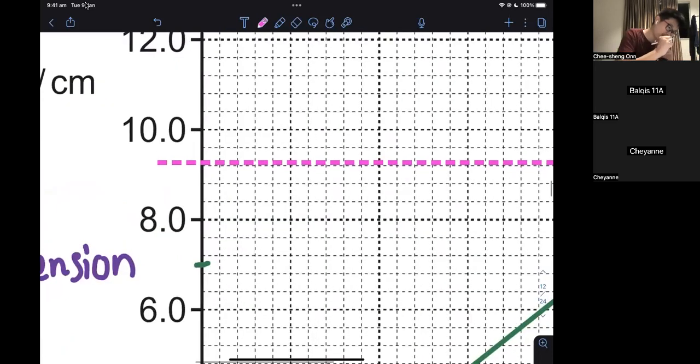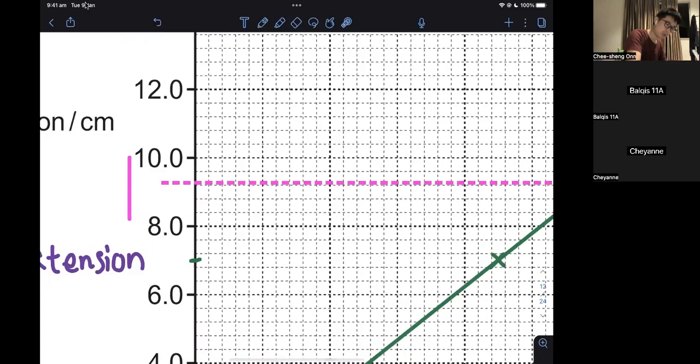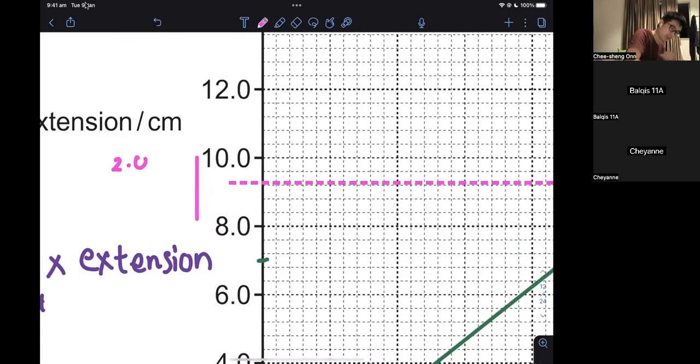But what reading do you read here? What do you see about this? What is the y-axis reading then? 9.3-ish. Okay, that is not a very good choice because you have 5 boxes, but there is a difference of 2. So it's 2.0 divided by 5 because you have 5 boxes.